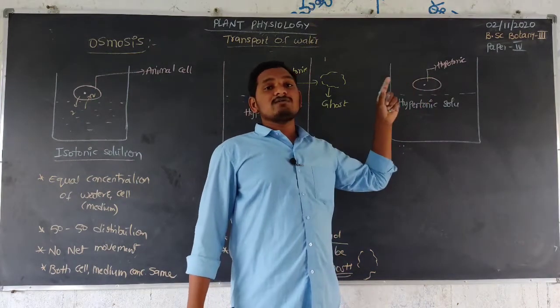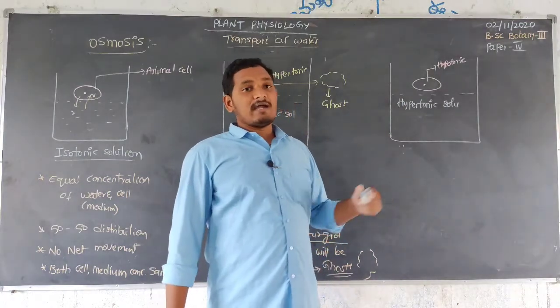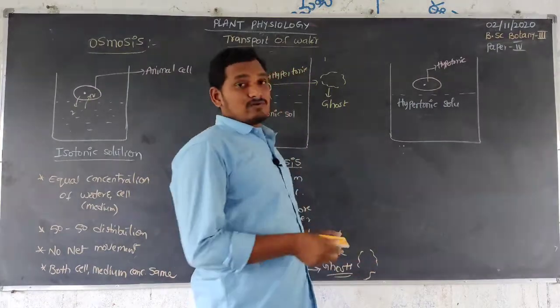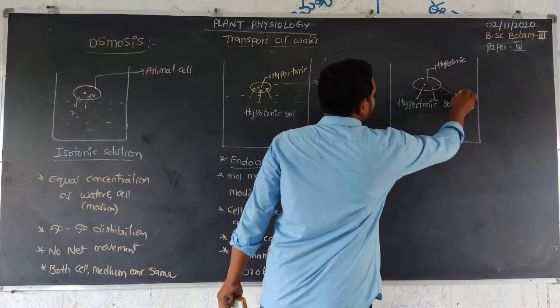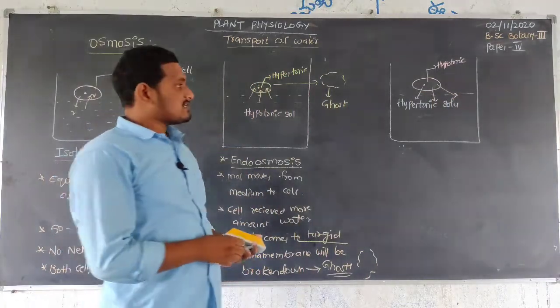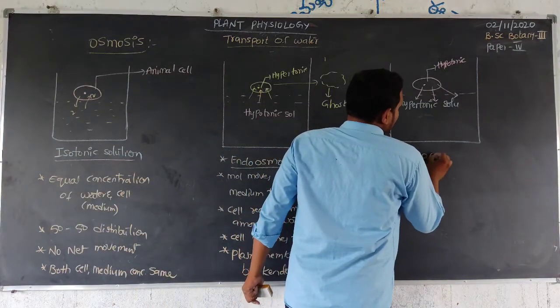Next, in the hypotonic solution, there is a lesser amount of concentration and more free water molecules are present. These free water molecules move from the higher region to the lower region by the process of osmosis, which is exoosmosis.